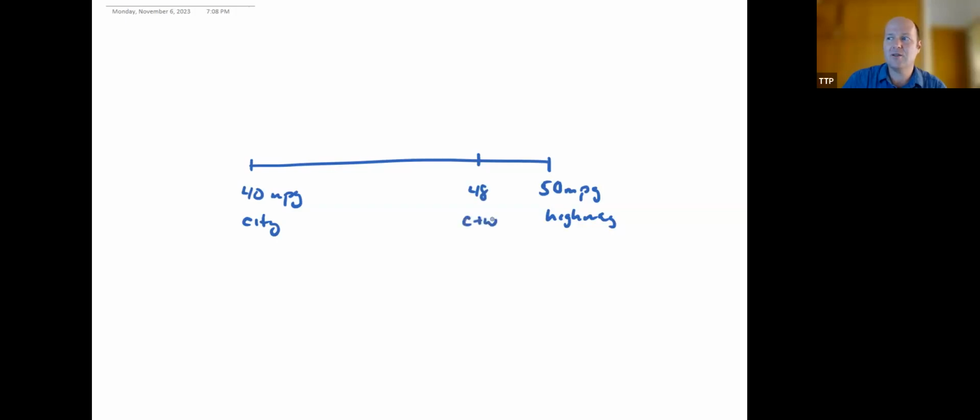This is the combination, city plus highway. Now that means that the person drives more on the highway, obviously, in a 4 to 1 ratio. So what unit is represented here? The highway something is 4 times the value of the city something, but what is that something?